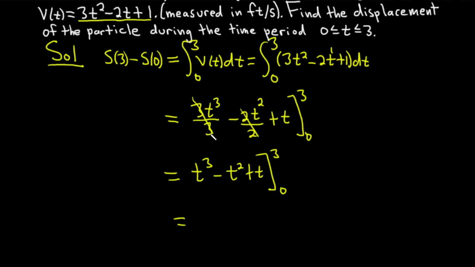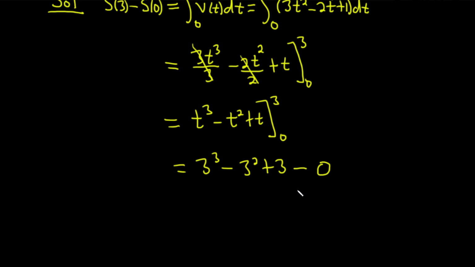First we plug in the 3, so we end up with 3 cubed minus 3 squared plus 3. So putting a 3 where all of the t's are, and then we subtract and we plug in 0. So when we put 0 for all the t's, we're just going to get 0. Keep going.